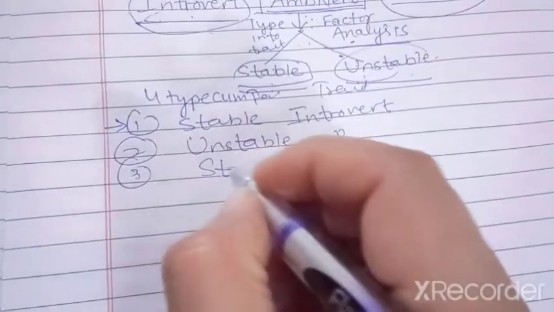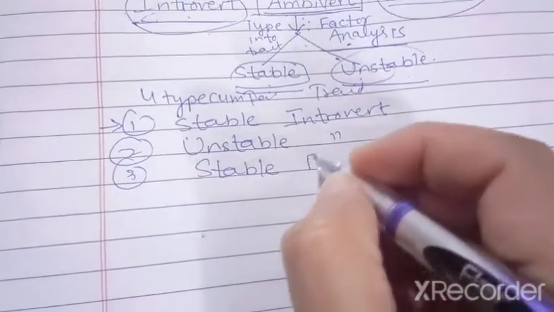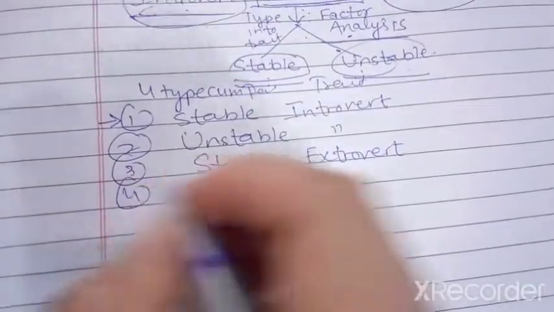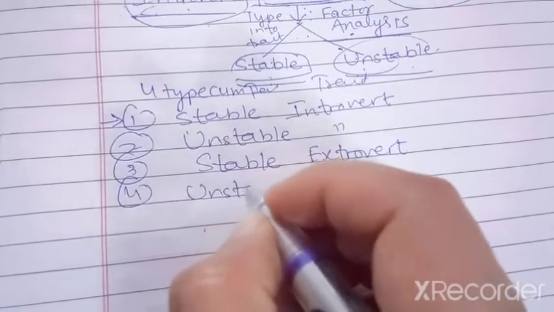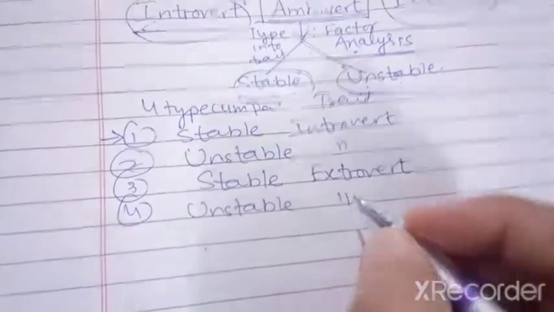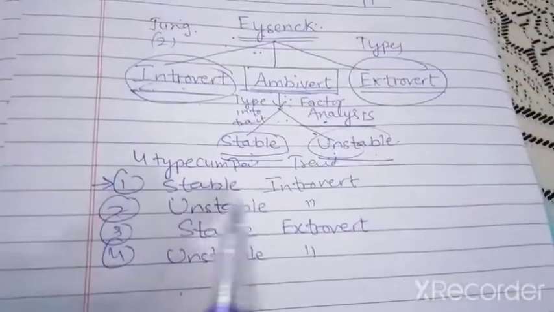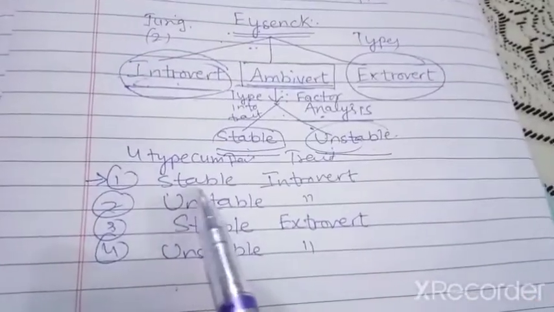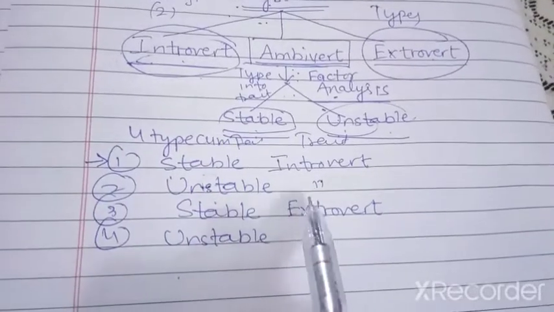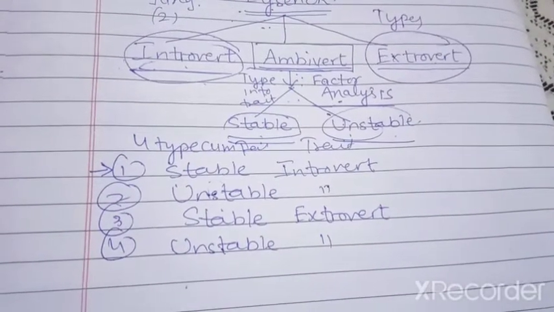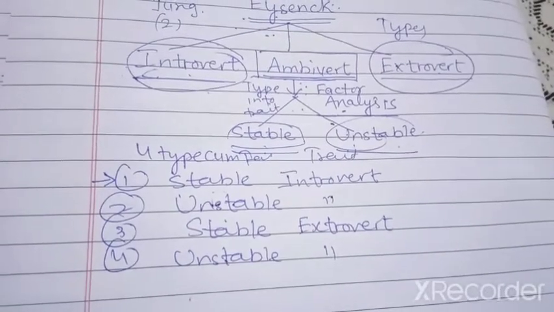Third is stable extrovert. Fourth is unstable extrovert. So now we have four dimensions of the type-cum-trait approach: stable introvert, unstable introvert, stable extrovert, and unstable extrovert.